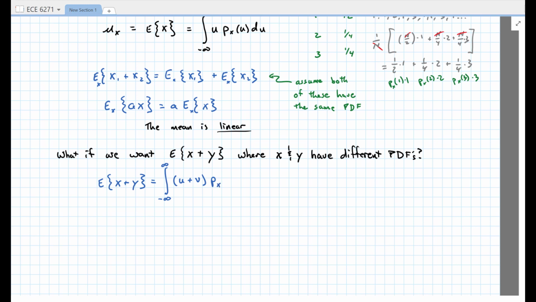And p, we're going to have to have our p x y. And so if you have multiple random variables and you're doing the expectation, then we're going to get something like this. Well, how does this work out?